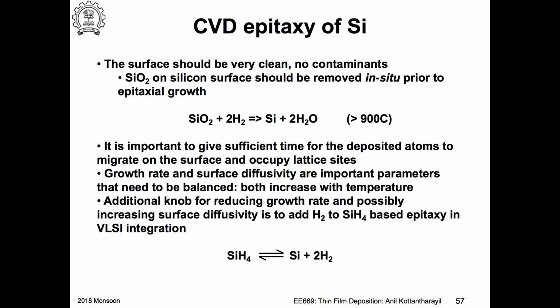Now, a couple of other points that we would discuss. When we discuss epitaxy of a crystalline material, of course that is grown on another crystalline material. So the interface should not have any amorphous material. For example, I should not have silicon dioxide at the interface.